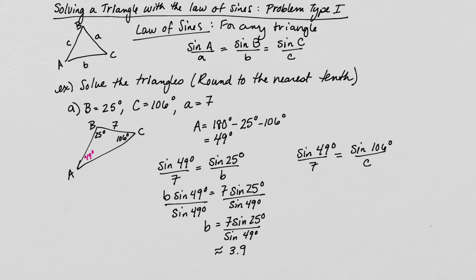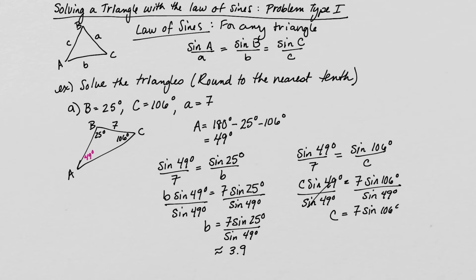So we're going to end up with C sine 49 degrees equals 7 sine 106 degrees. If I cross multiply, divide both sides by the sine of 49 degrees, C is going to be 7 sine 106 degrees divided by the sine of 49 degrees, which is going to end up being approximately 8.9 when I round it.